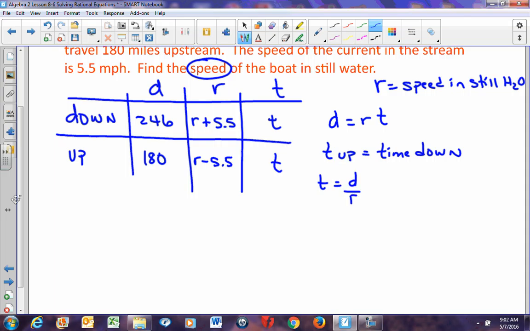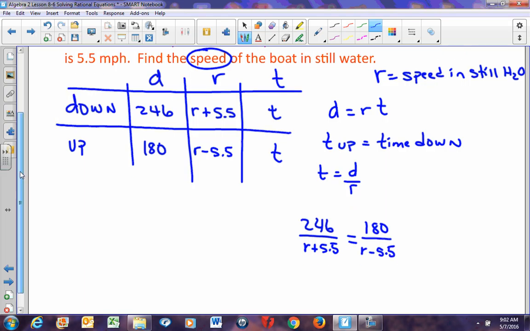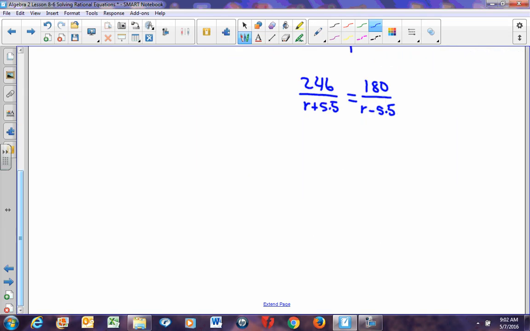So since my time up is equal to my time down, my distance, 246, divided by my rate, R plus 5.5, that's downstream, is equal to my time upstream, 180 over R minus 5.5. So there's my equation. Nice little rational equation, which also happens to be a proportion.